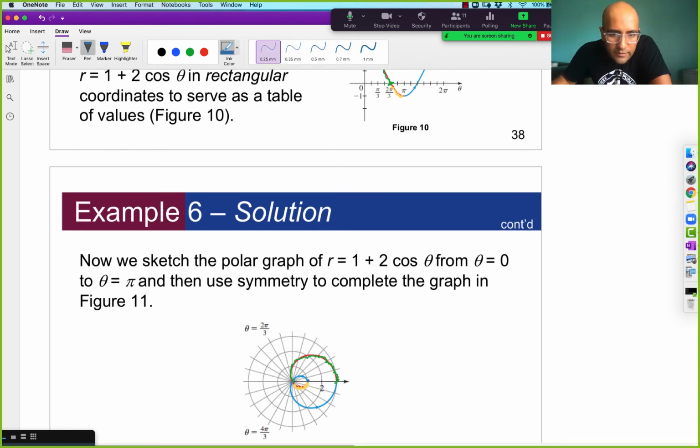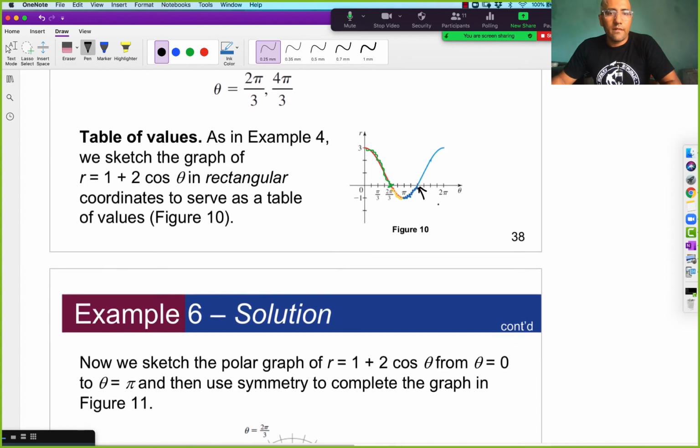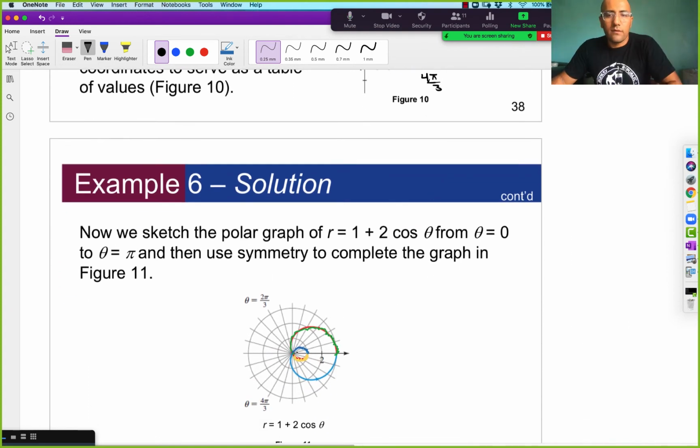The next part is going to be this in here, which is this part here up to that point, and that point was 4 pi over 3. Good. And then the last part, we'll leave it in black, is this part, and that part ends up being this part.